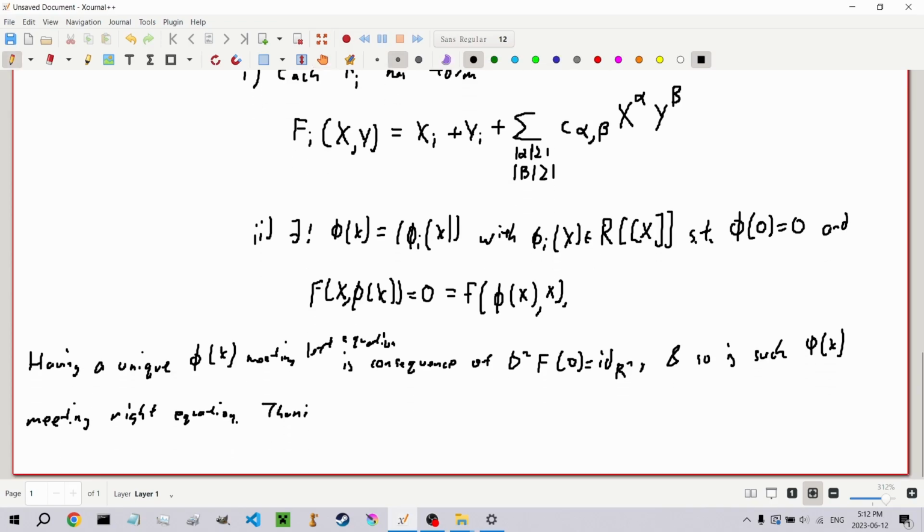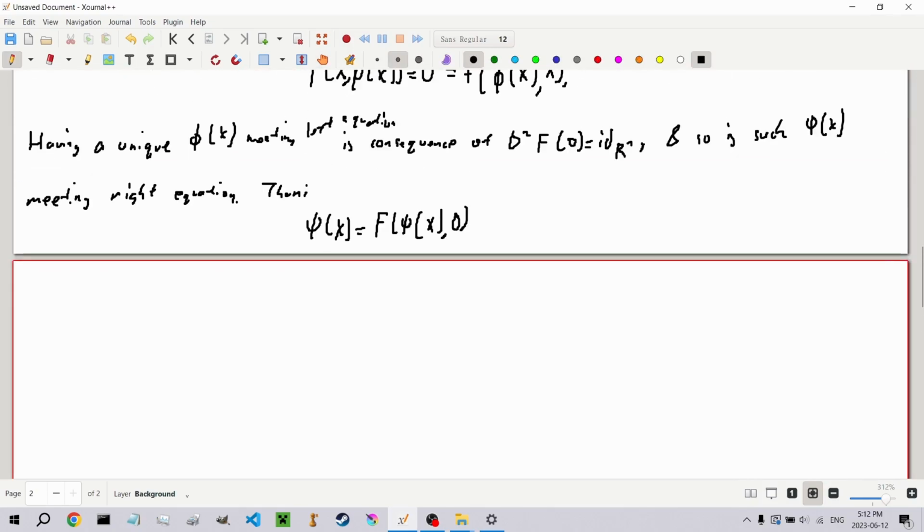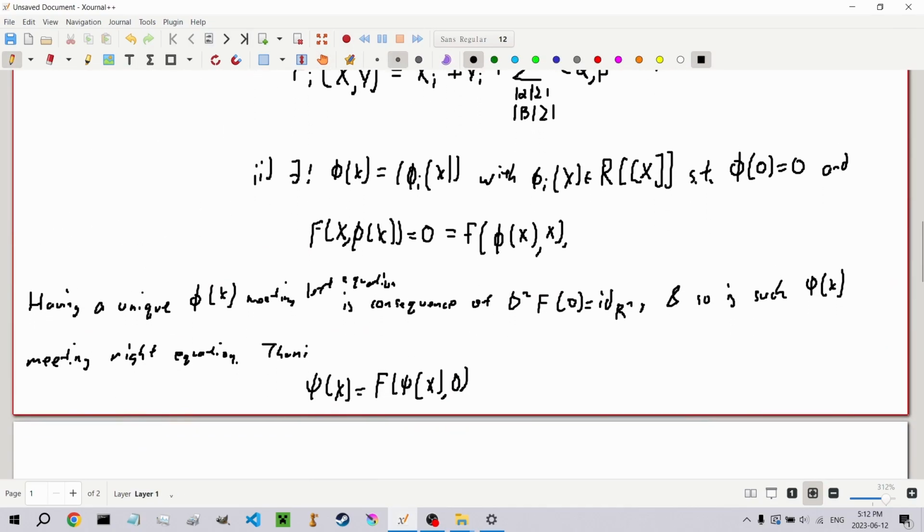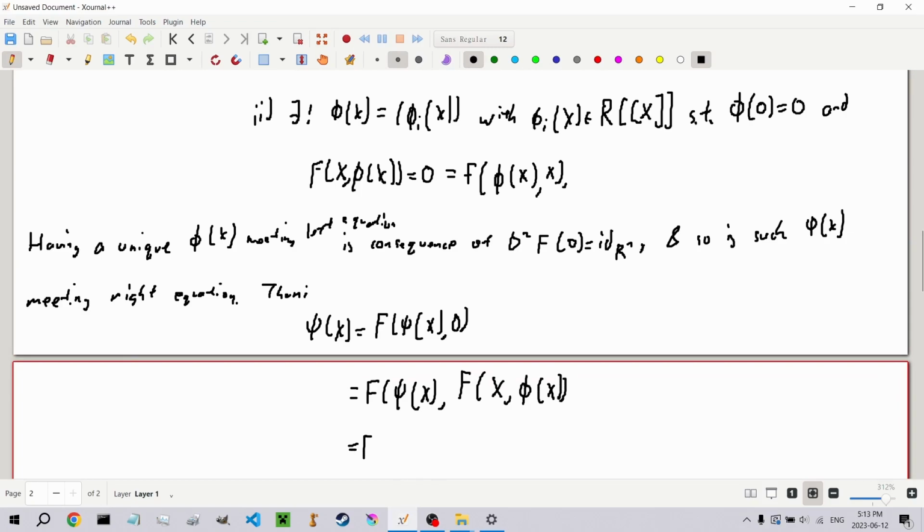Then c of x is by definition going to be equal to F of c of x and 0, since by our first law, 0 and anything returns it on either side. But we can then substitute this with our left-hand equation, giving 0 to be F of x and phi of x. We can then switch over our bracket by the associativity of F, which is our second condition.